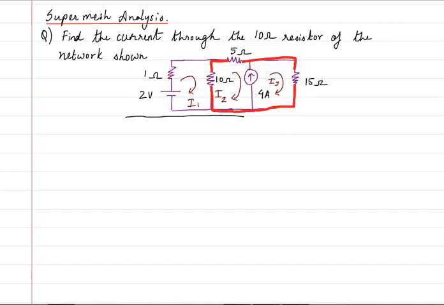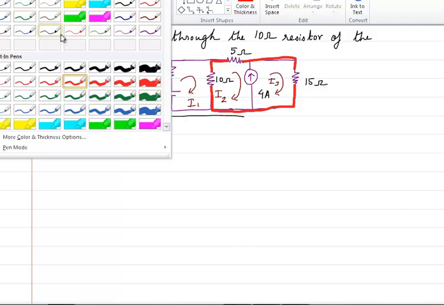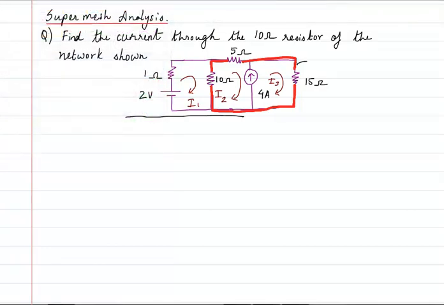So we have combined the two meshes together and we have got a supermesh. So that is basically a supermesh. So let me write that. So this here is basically a supermesh.